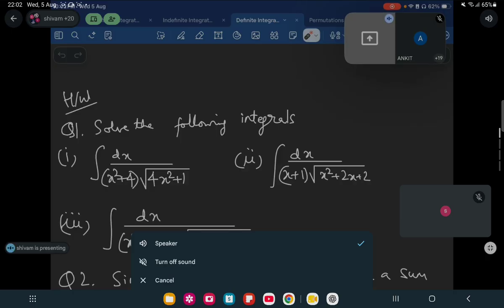Okay, first one. First one is integral of dx by x square plus 4 root over 4x square plus 1.